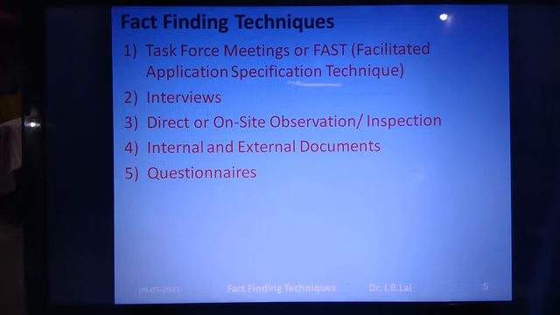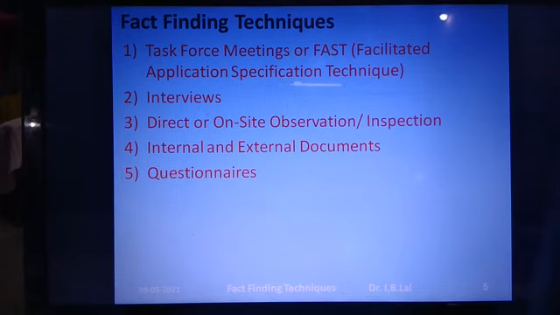Now the techniques that we commonly follow for the development of software to gather the requirements are: first is meetings, also called task force meetings, or technically known as FAST, which stands for Facilitated Application Specification Technique. Second is interviews.